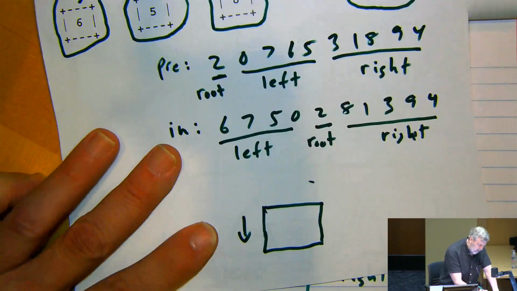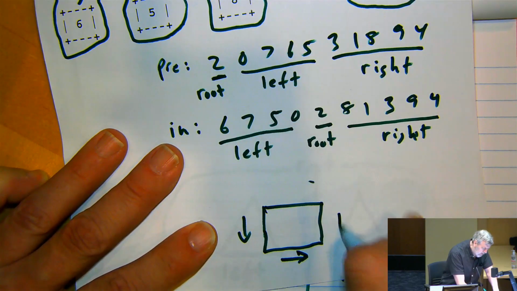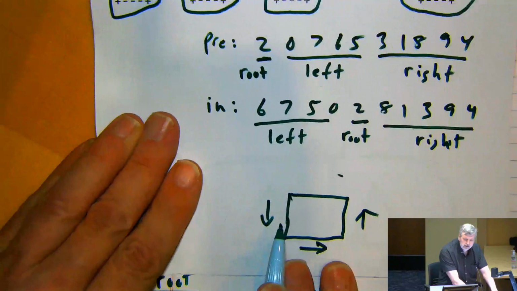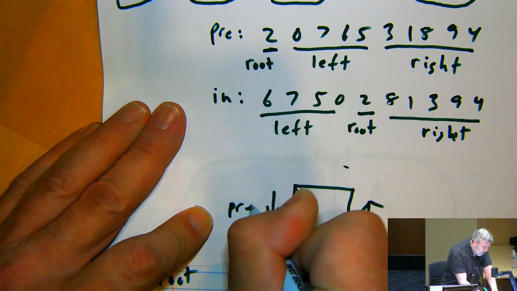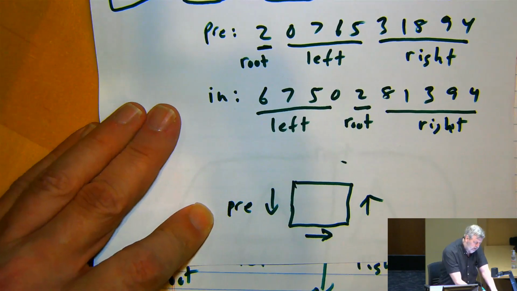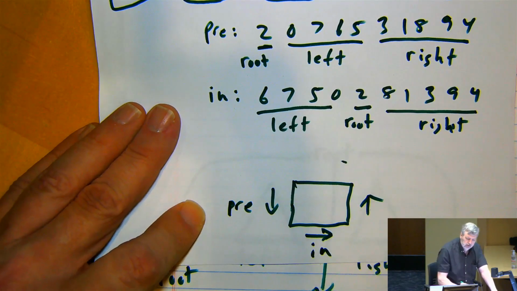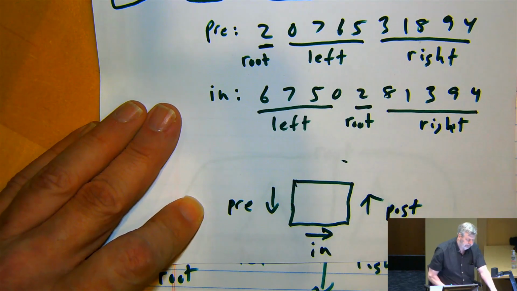It passes it on the left, it passes it underneath, and it passes it on the right. And if you print the node as you're passing it on the left, you get a preorder traversal. If you print it as you're passing underneath, you get an inorder traversal. And if you print it as you're passing on the right, you get a postorder traversal.